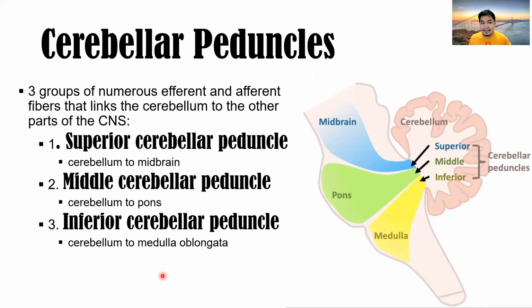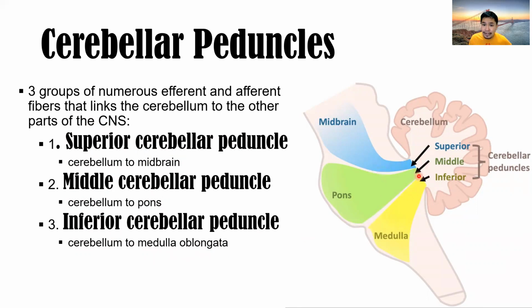So we'll now proceed with the cerebellar peduncles. Three groups of numerous efferent and afferent fibers that link the cerebellum to other parts of the central nervous system. We have three: superior, middle, and inferior cerebellar peduncles. Your superior cerebellar peduncle connects your cerebellum to the midbrain, the middle to the pons, and the inferior cerebellar peduncle to the medulla oblongata.